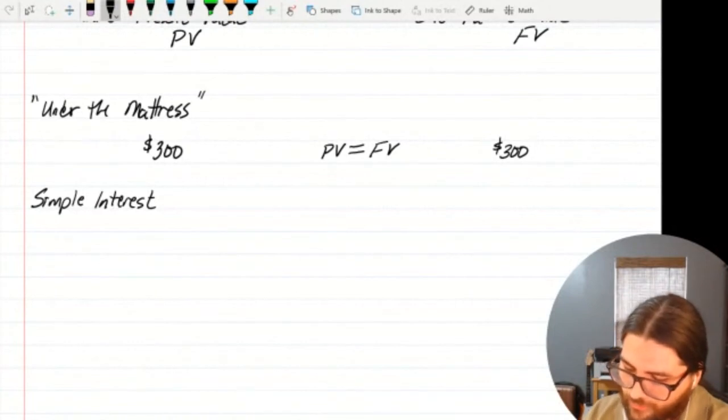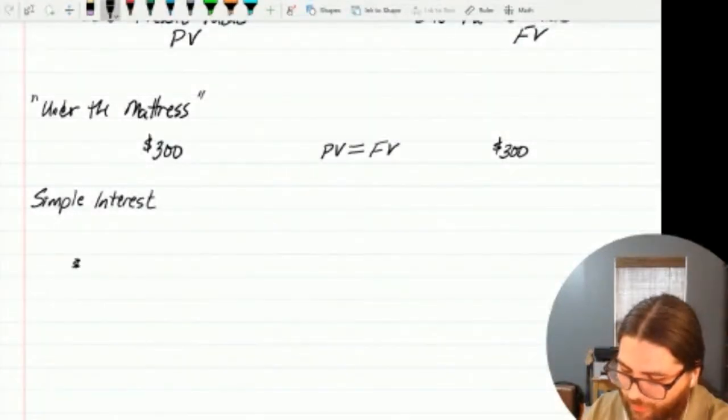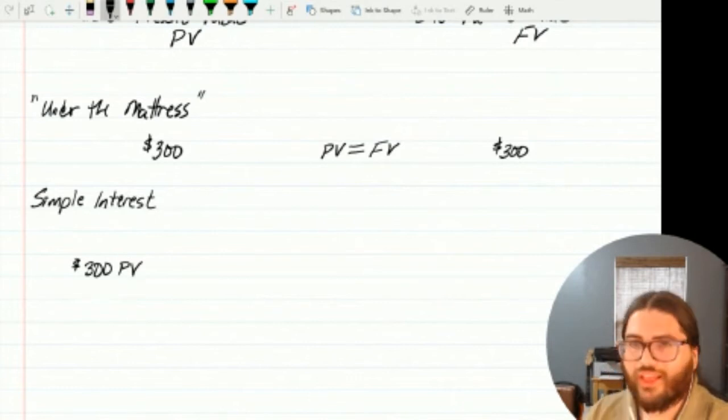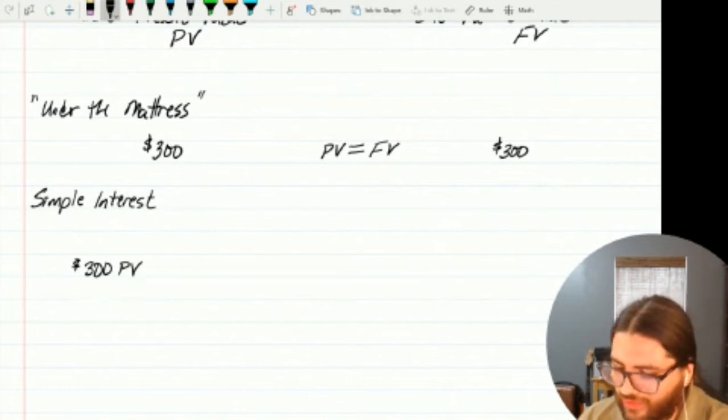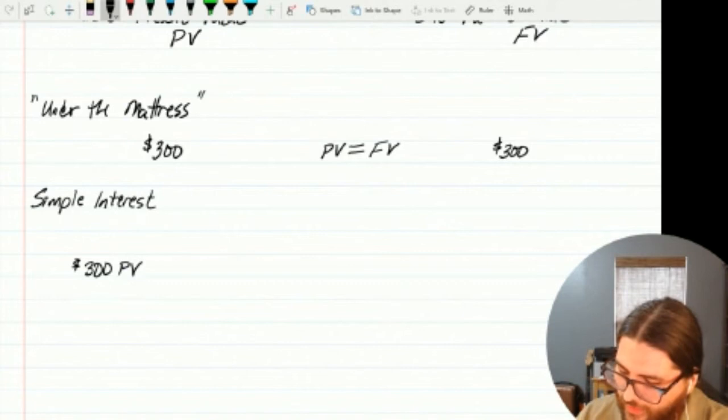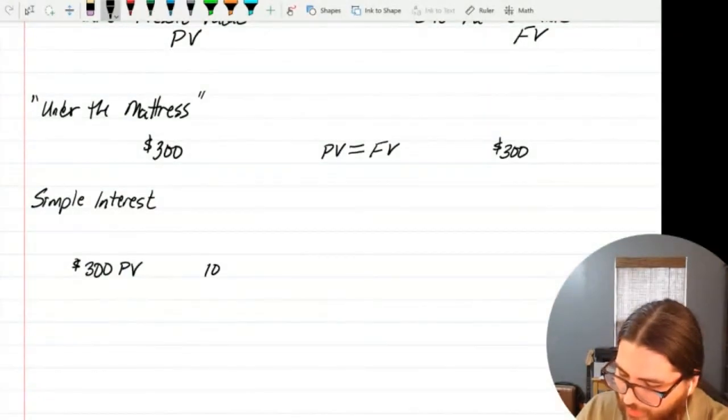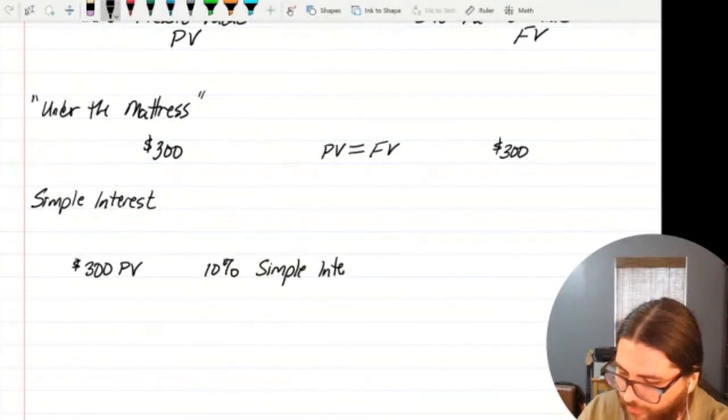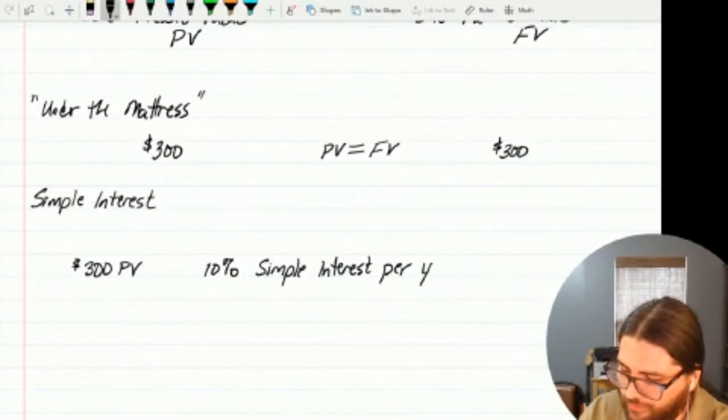So let's take that same $300 present value, and I want to deposit this into a bank that pays me 10% simple interest per year. And that's a lot. Right?